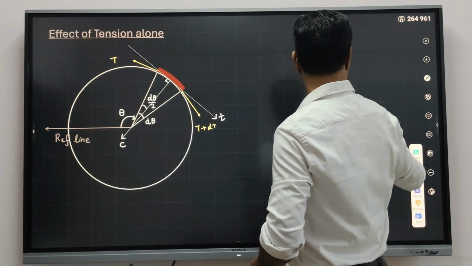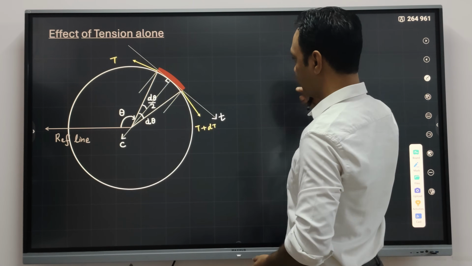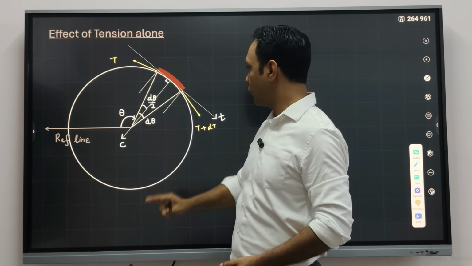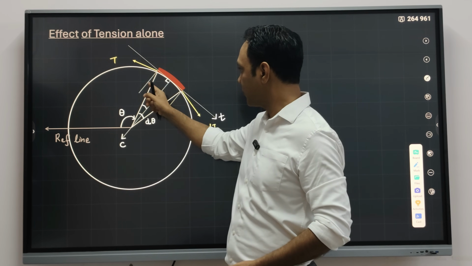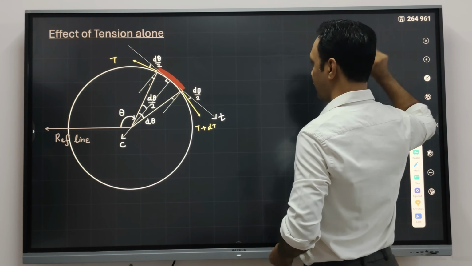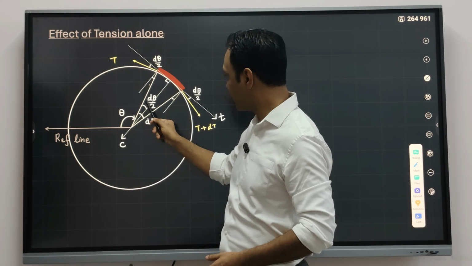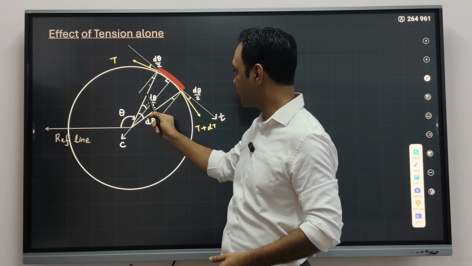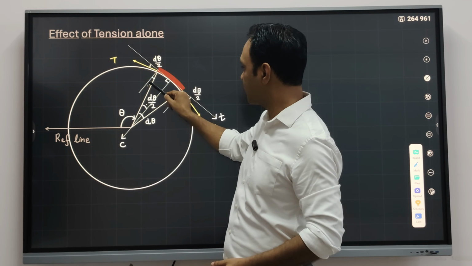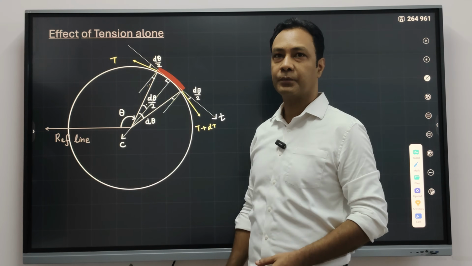For that, just a little more diagram. This is a normal direction parallel to these two normals. So this is d theta by 2 and this is d theta by 2. So this will also be d theta by 2. If this is d theta by 2, these two lines are parallel, so this and this are the same. And this is 90 degrees, so this will be d theta by 2.